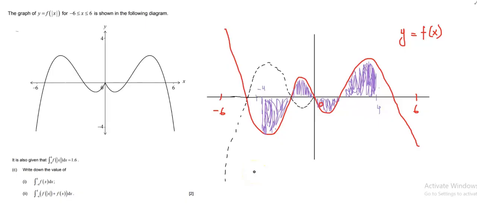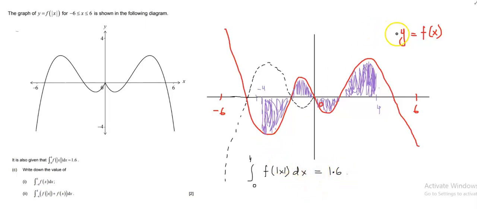Alright, now let's look into part C1. It's given in the question that the integral from 0 to 4 of f of modulus of x dx is equal to 1.6, right?